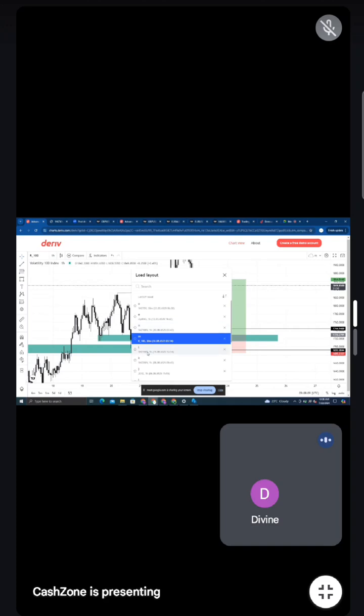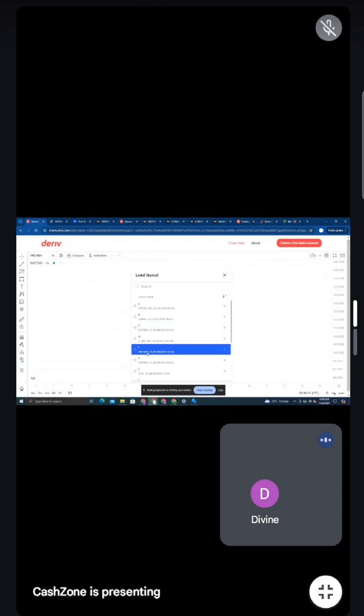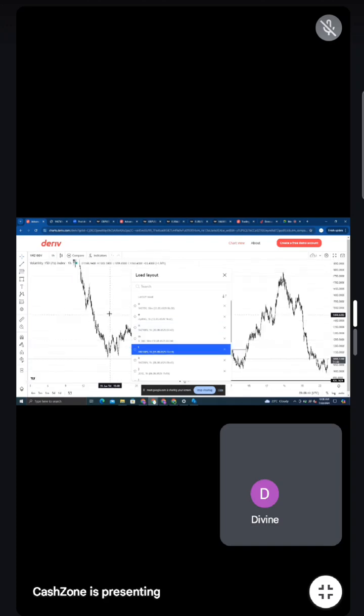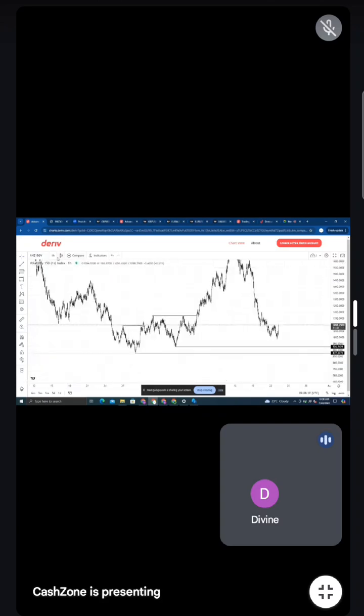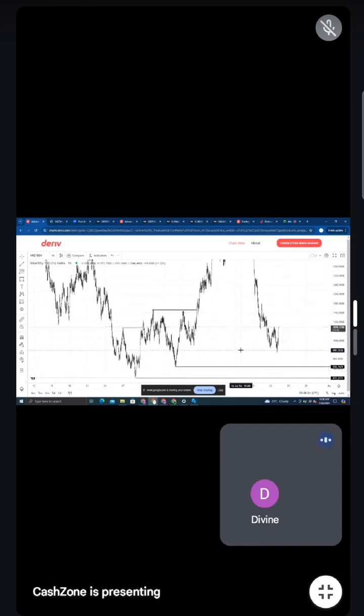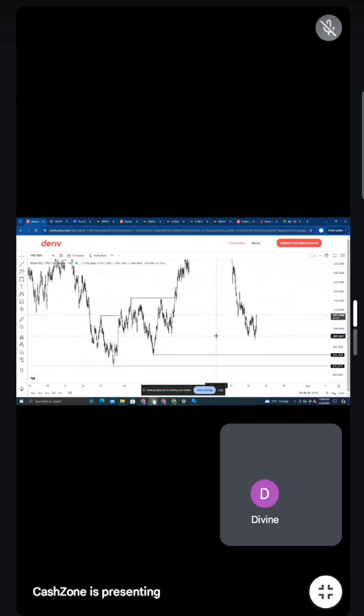All right. Let me check another pair. So this is Volatility 150x, on the 1 hour time frame. As you can see here, I wanted to take this as my liquidity sweep, then this place as my inducement to this break of structure.